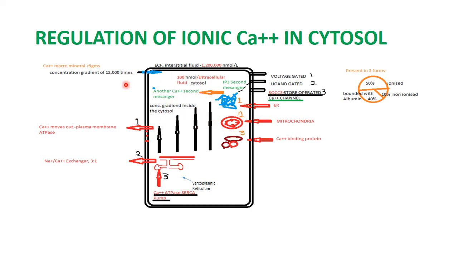The second point we must remember is that besides the concentration gradient outside and inside, there is also a gradient within the cell. The concentration is different at the site of store or release and at the site away from the release or entry of the calcium.